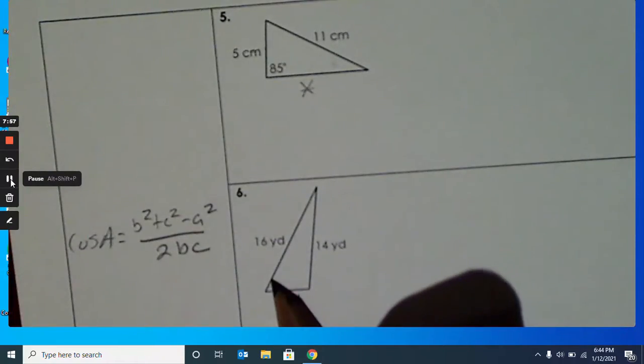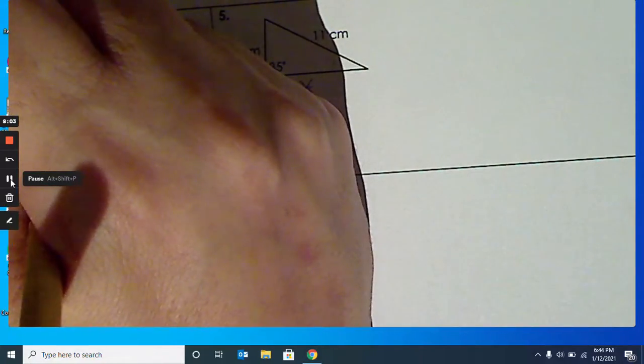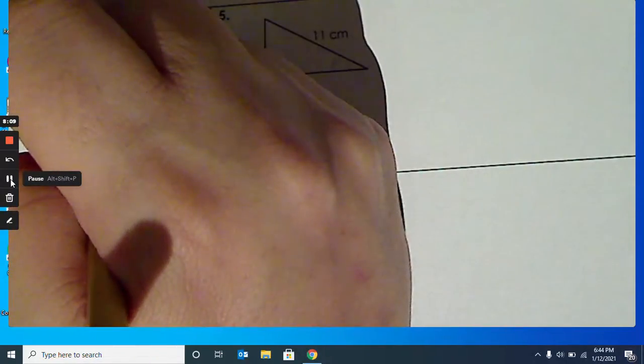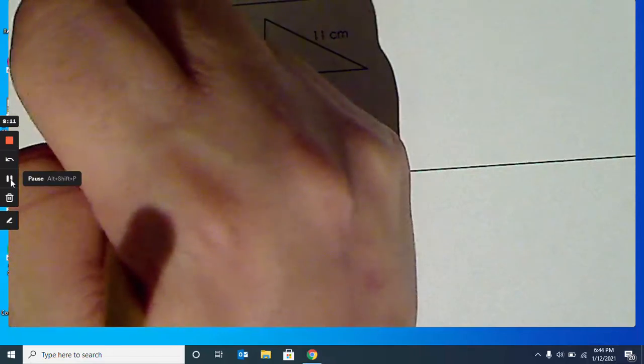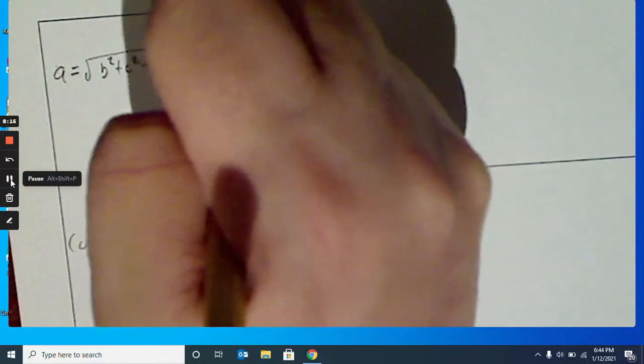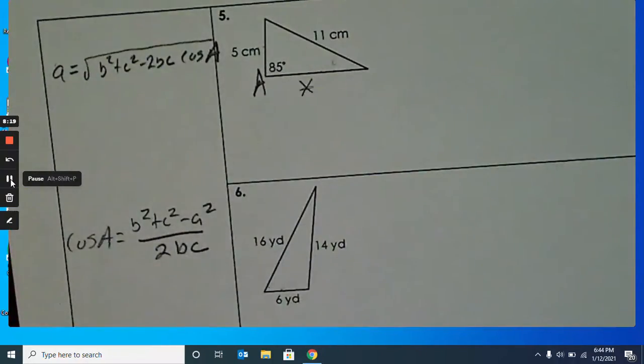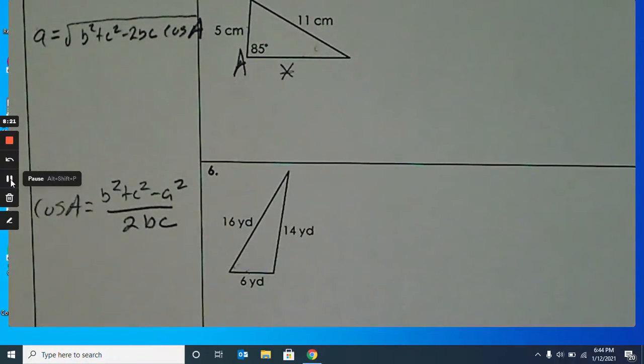I just need to find one of the angles, so that makes this a little bit easier. This one will be just a straight up side. So if I did a is equal to the square root of b squared plus c squared minus 2bc cosine a. So this would be a right here. Anyway, I'll go back and let you figure this out.